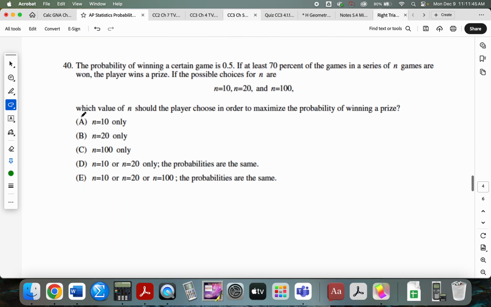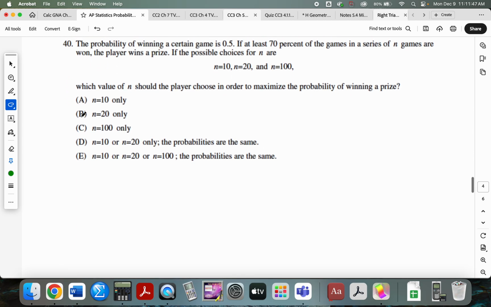All right, the probability of winning a certain game is 0.5. If at least 70% of the games in a series of N games are won, the player wins a prize. Okay, so you've got to win 70% of the time.